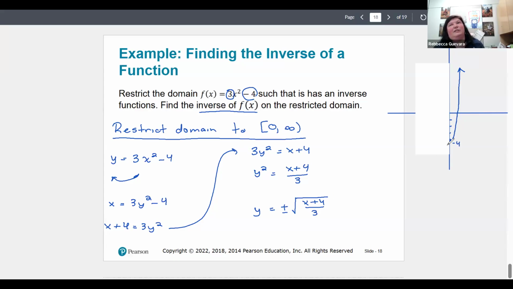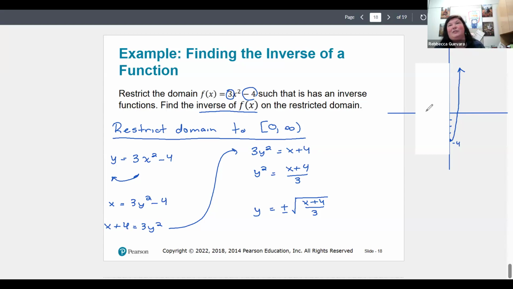So all we're going to do is that we restricted this, so we only need half of this. Do we have the positive half or the negative half? Well, because I cut off the negative half, what we're only keeping is this positive half of the function. So we're only keeping the part that outputs the positive x values, meaning when we switch this, it should be the positive y values.